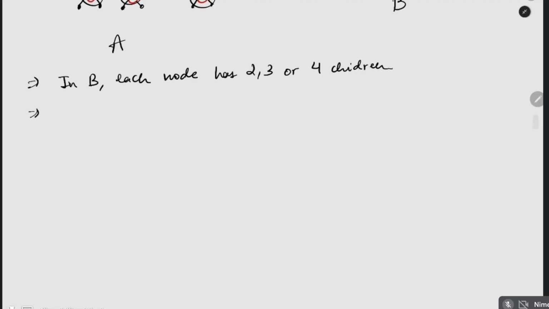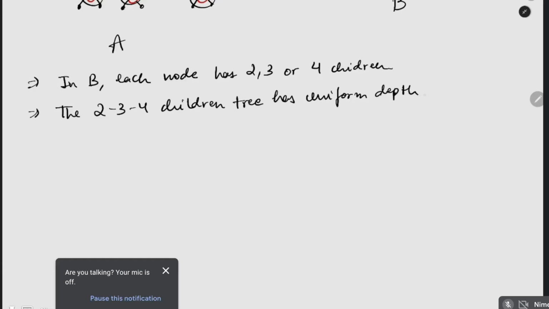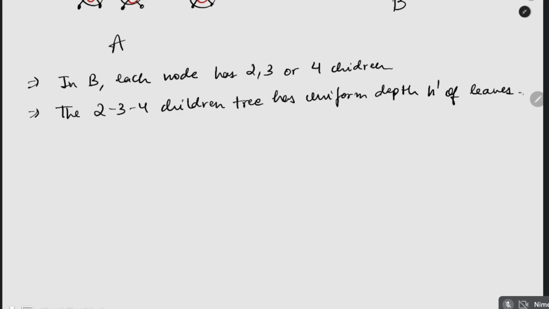And also the two, three, or four children tree has a uniform depth, on average, h prime, of leaves. And it also implies that h prime, sorry, h prime, not h star, will be greater than or equal to h by 2.